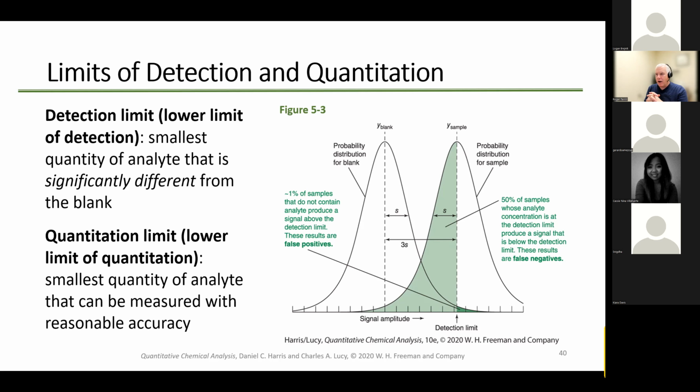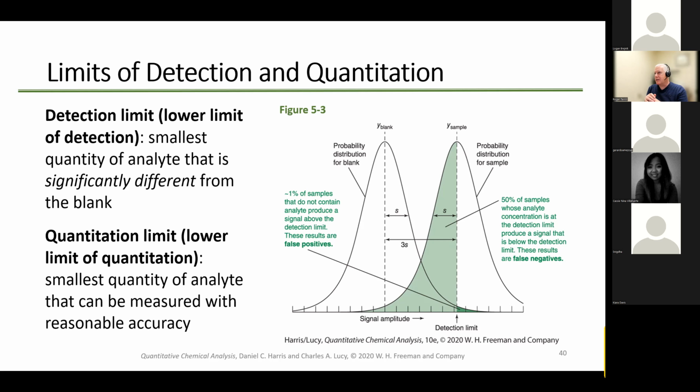Okay. All right. So if I say the method, just for weird reasons, has a slope of 1. The calibration slope is 1. You get 1 part per million, you get 1 signal unit, 2 parts per million, 2 signal units, etcetera.